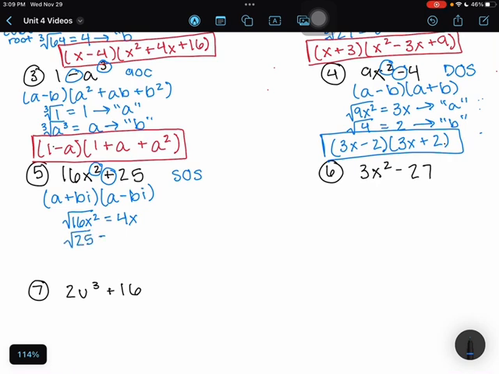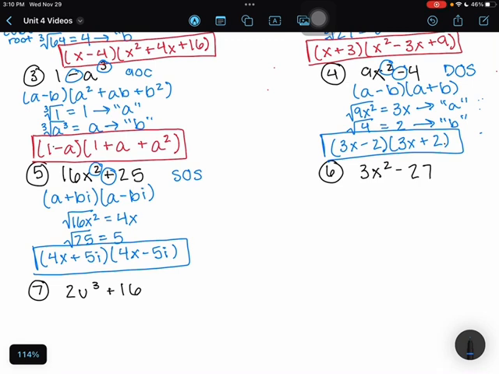The square root of 25 is 5. So I have 4x plus 5i and 4x minus 5i. Okay.